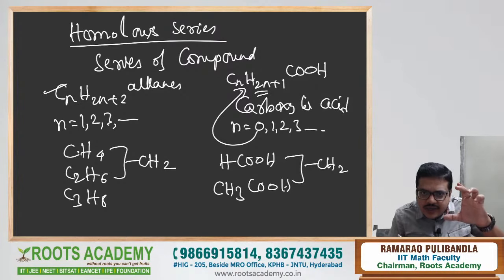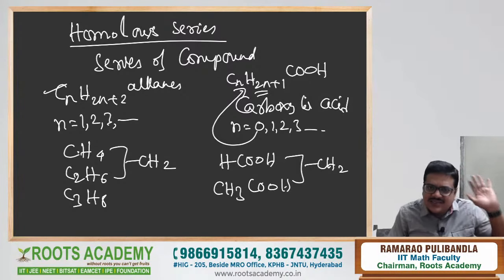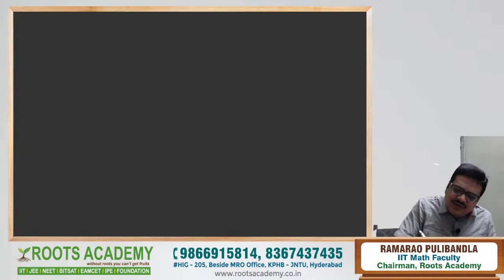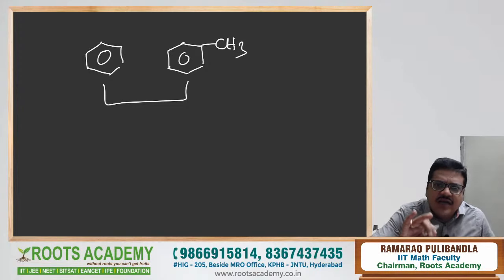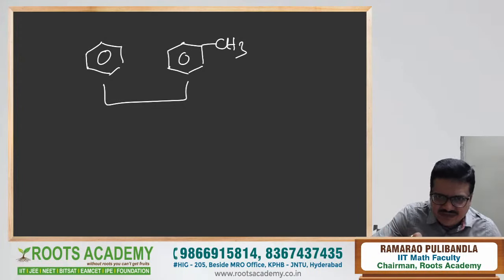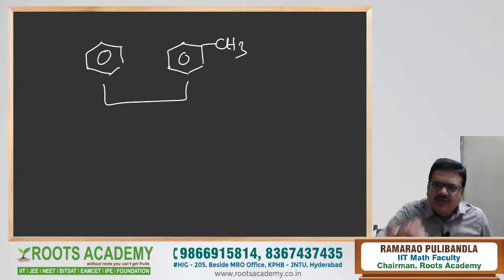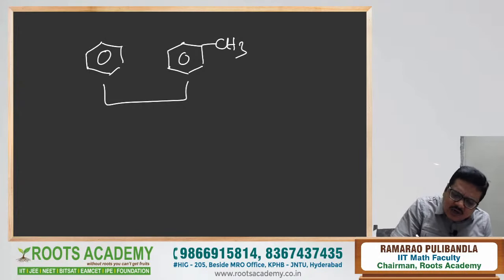Based on homologous series, how questions are asking? Listen. Benzene and toluene. These two are examples of what? Isomers. They are not isomers, but they are homologous series. Why? Here already hydrogen is there. Here CH3.